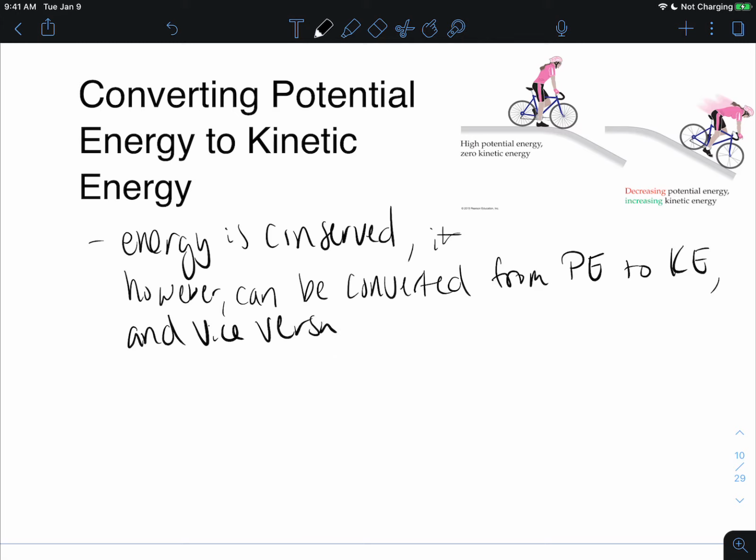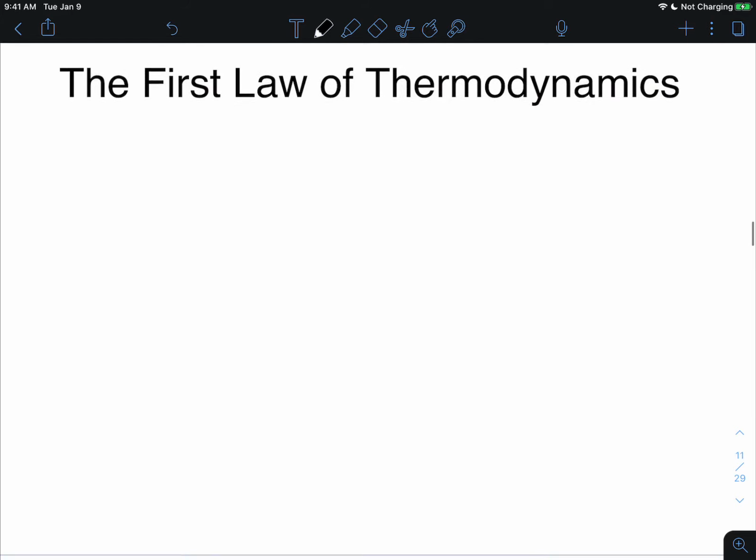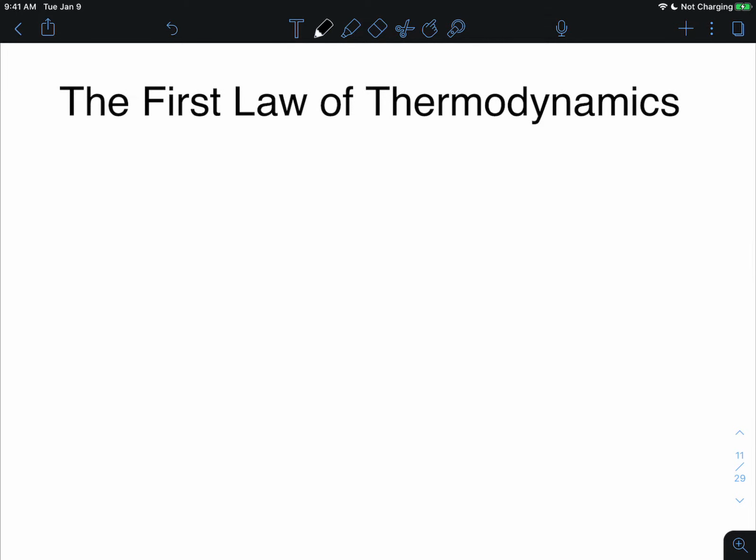Okay? And again, we're going to depend on the amount of kinetic energy to tell you how much potential energy you have, and vice versa, because of that conservation of energy. Which brings us to the idea of the first law of thermodynamics, where energy is neither created nor destroyed, it's conserved.